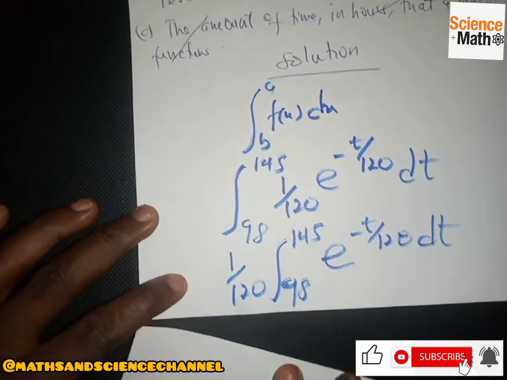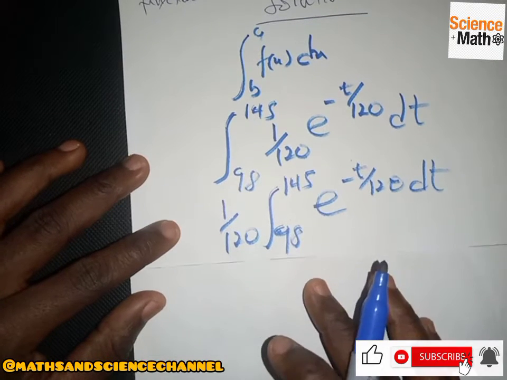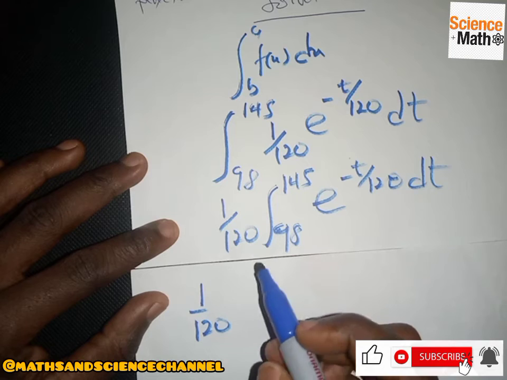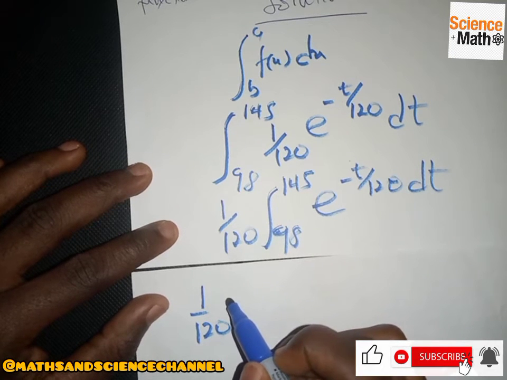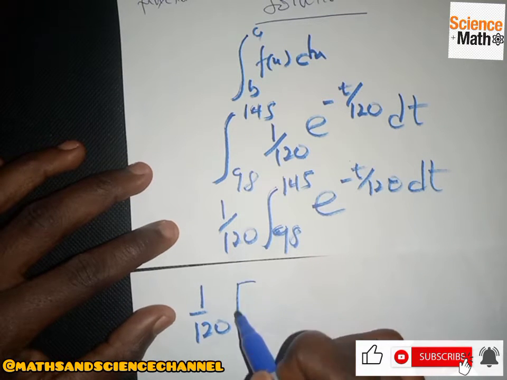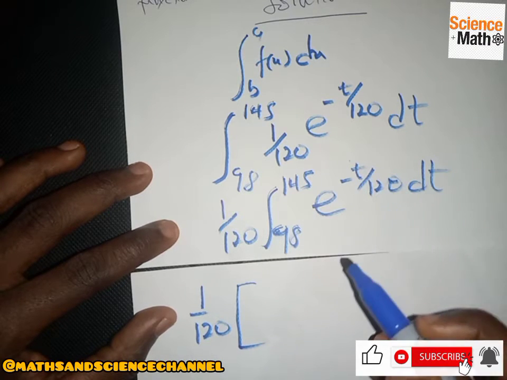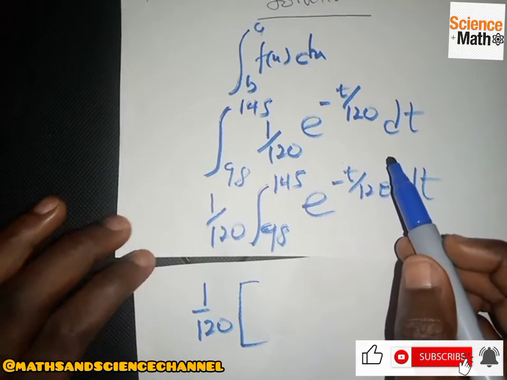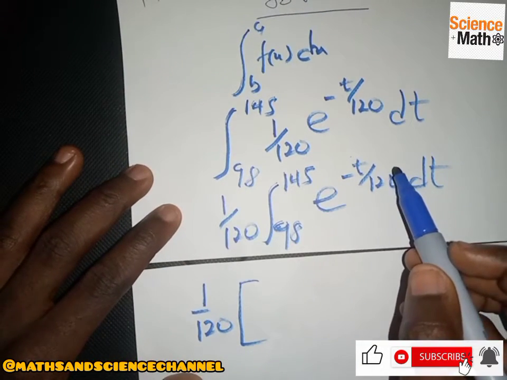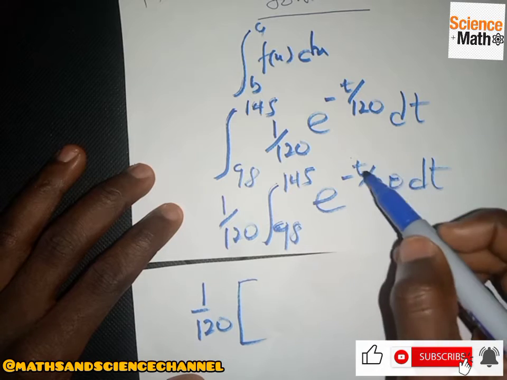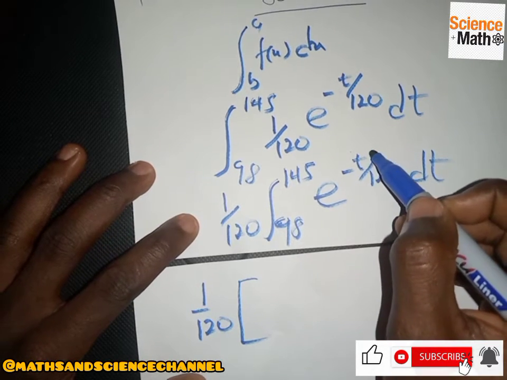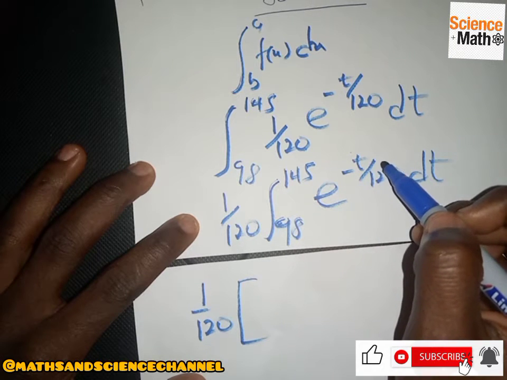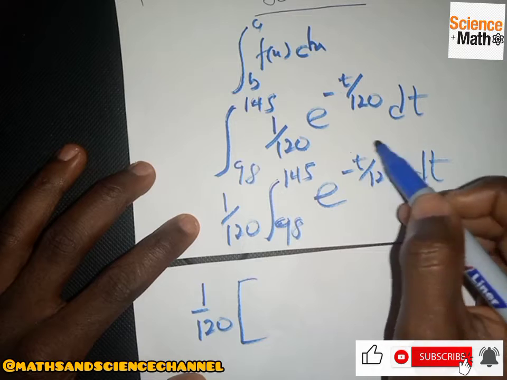So from here, integrating that, we have 1 over 120 out, and then we have, so integrating this, always what we do is just write this whole thing and then try to differentiate what is here with respect to t.